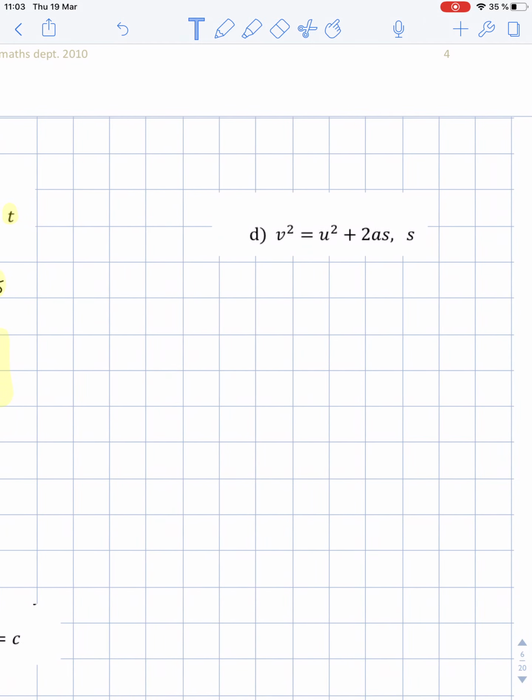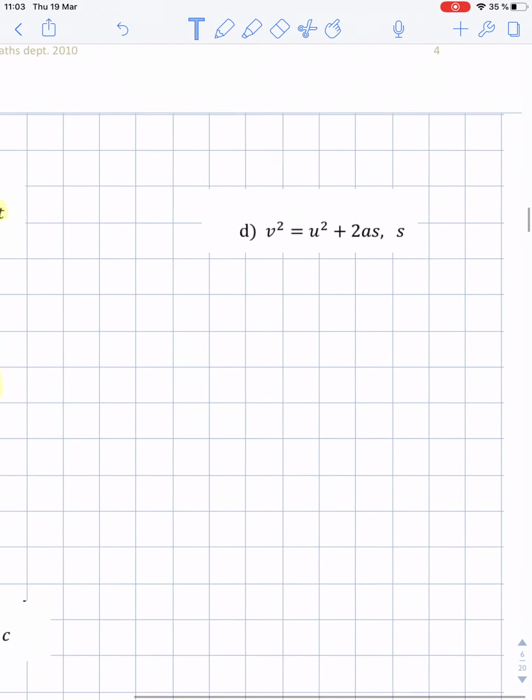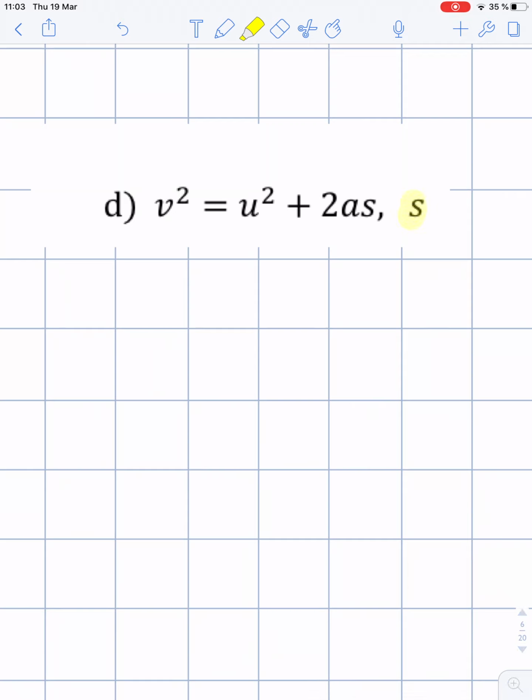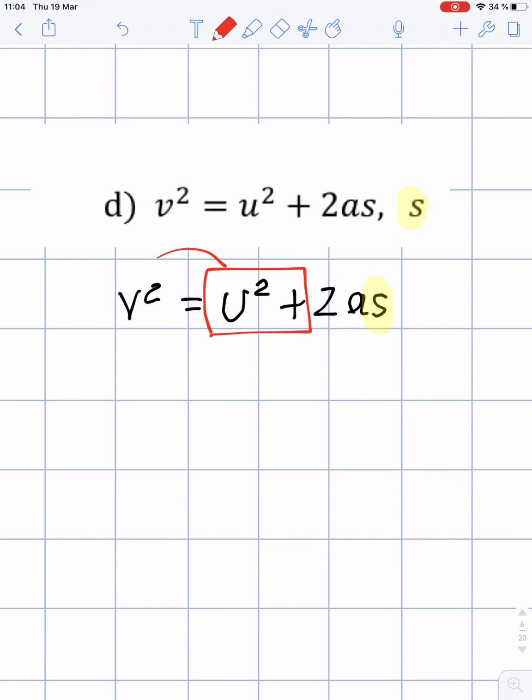In the second problem, we need to make the subject of s. That means from this expression, I'm going to write the expression again. v squared equal u squared plus 2as. We need to isolate the variable s. Now, as I said before, and keep in mind always this because it's really important, when you have an addition, you need to move the addition to the other side.